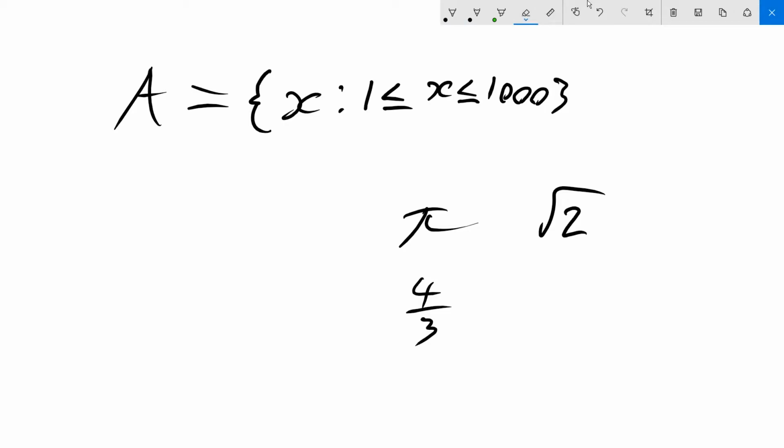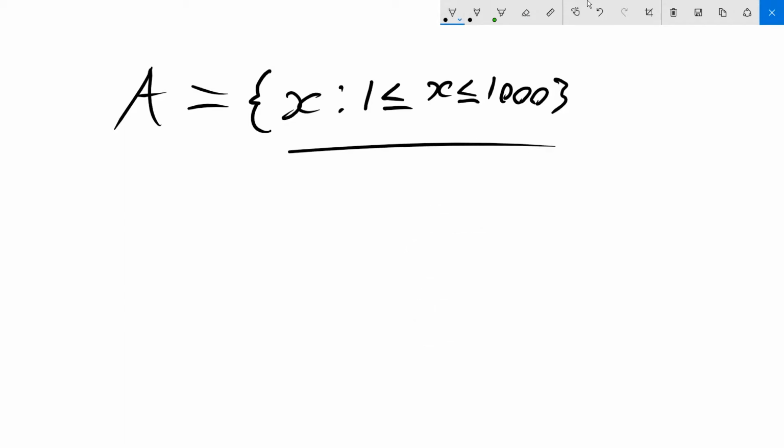Every number that you can think of that's in between 1 and 1,000 is here in this set. And don't ask me why you would want this set, but regardless, you can define it.